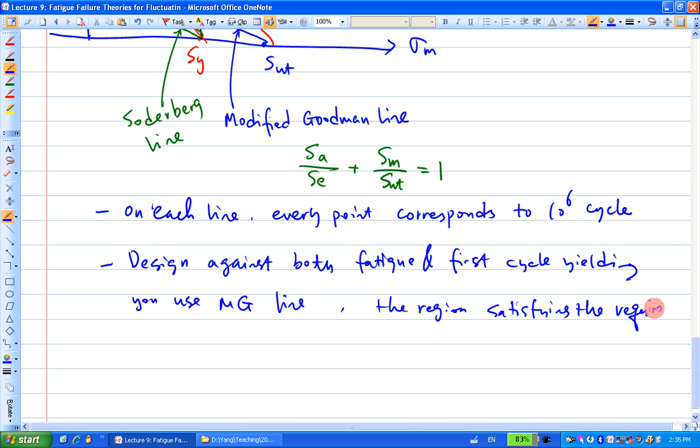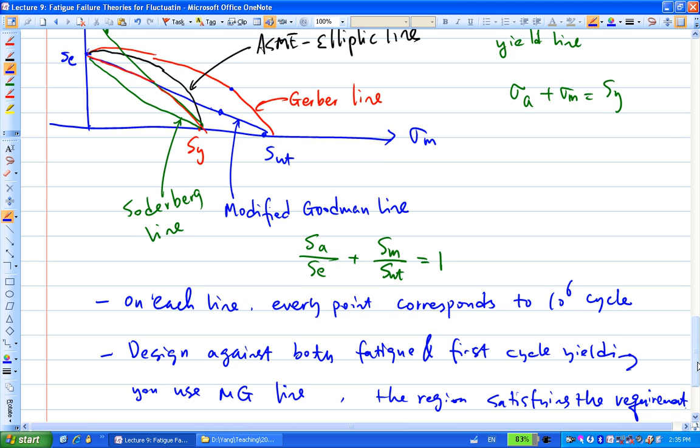The region satisfied requirement. Now if I extend the question slightly, which criteria guarantee that you have both the infinite number of life and the first cycle yielding satisfied at the same time?